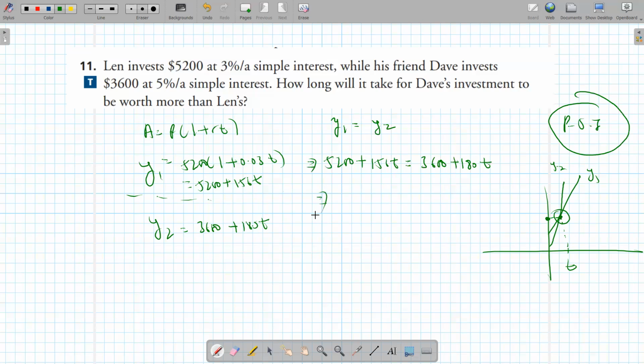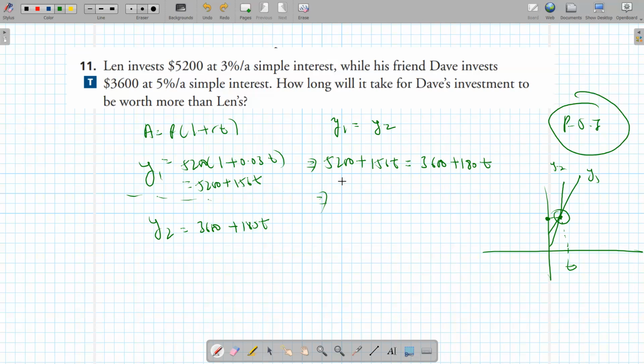How do we solve this linear equation for t? So we're trying to solve this equation for t, right? You understand that part? It's very simple. Just like terms. Think about like terms.